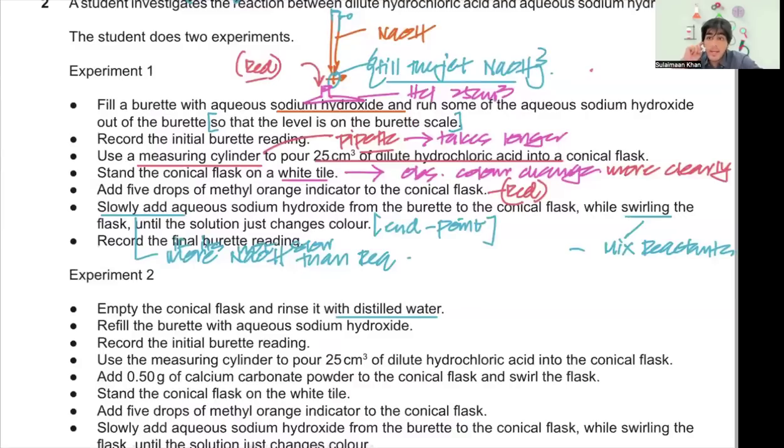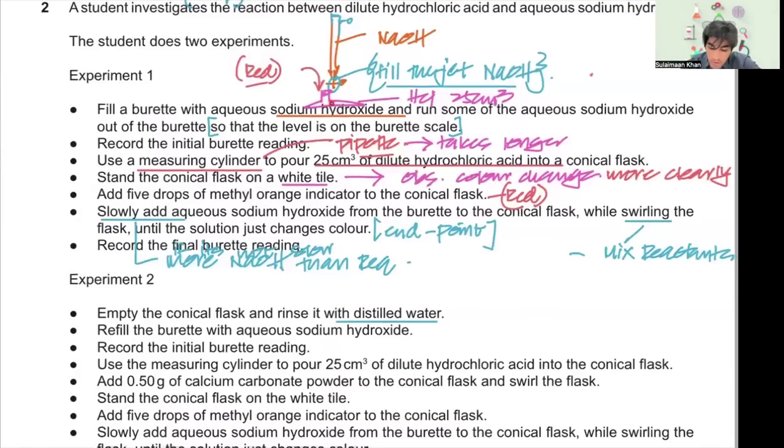Because water may remain. Remember, even though water droplets may remain here, the moles of hydrochloric acid would not change. The hydrochloric acid particles are going to be the ones which react with sodium hydroxide. Listen to it again. Sodium hydroxide is going to react not with the water particles, but with hydrochloric acid particles. So even if you have water droplets here, it does not make a difference.